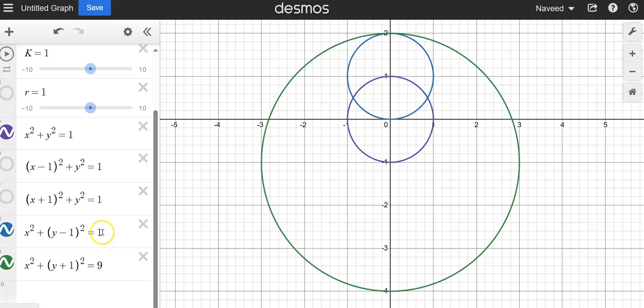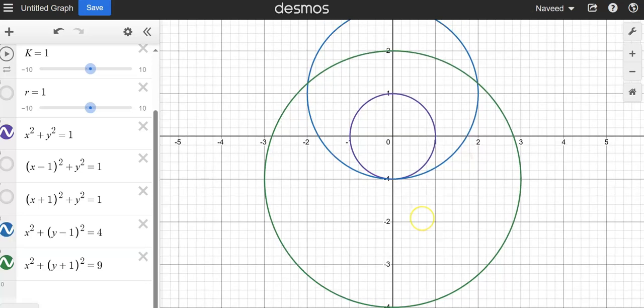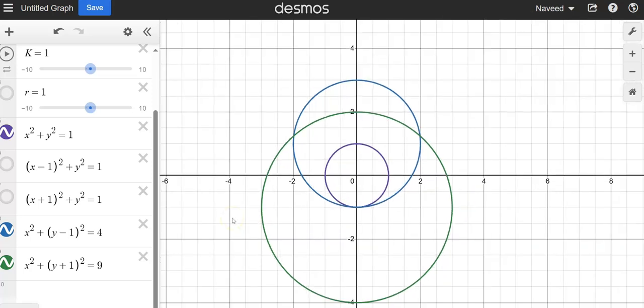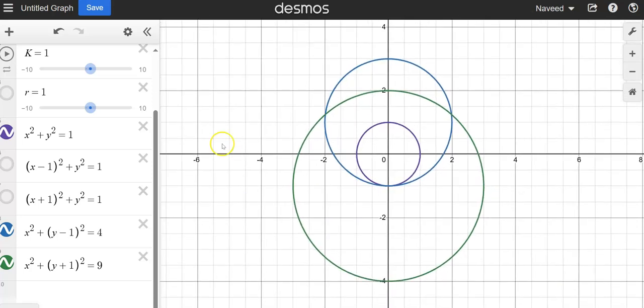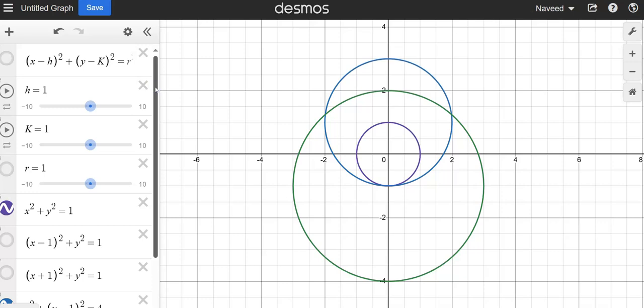Or I can change that. Let's make that 4 so that I can see that one as well. Here we go. That's 2, and so forth and so on. So now put them all together. Let's look at the general or standard form of an equation of a circle.